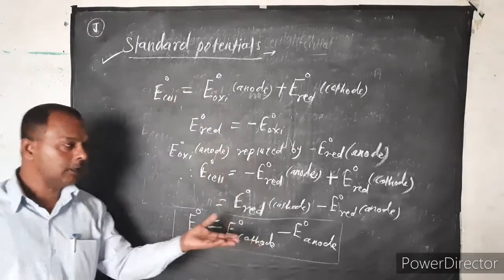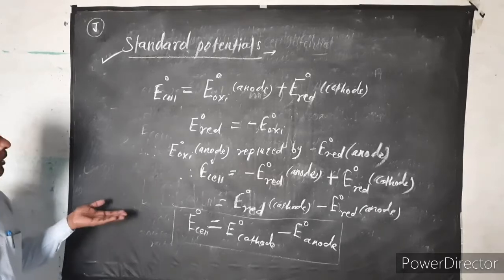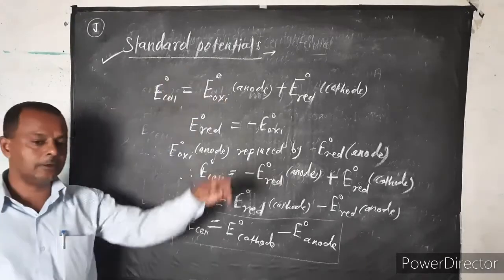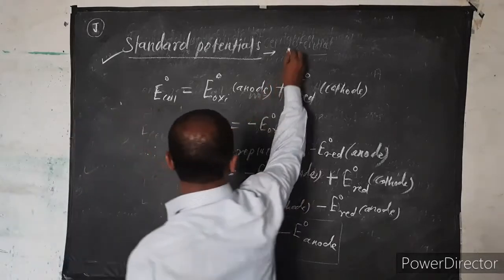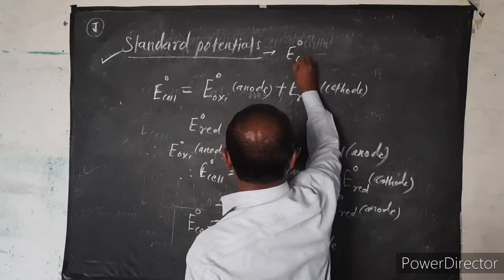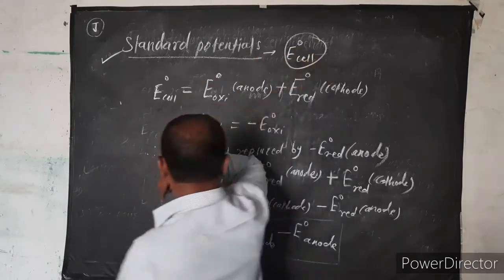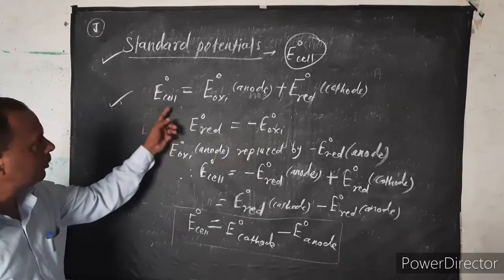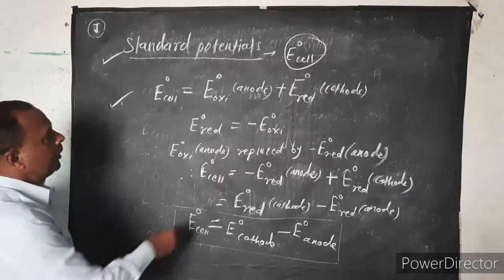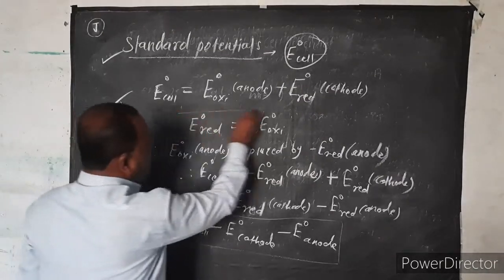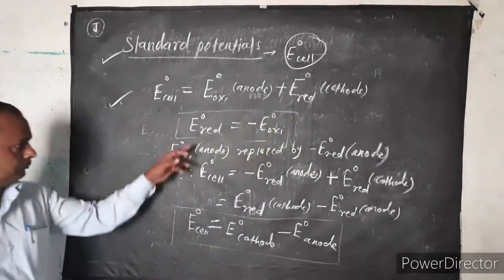When you measure voltage under these conditions, it is called the standard potential. Standard potential is denoted by E naught cell. Therefore, E naught cell equals E oxidation at anode plus E reduction at cathode. Therefore, one point to note down here.